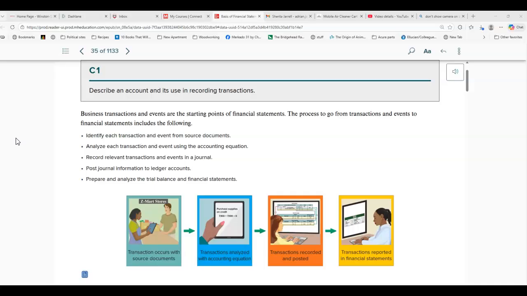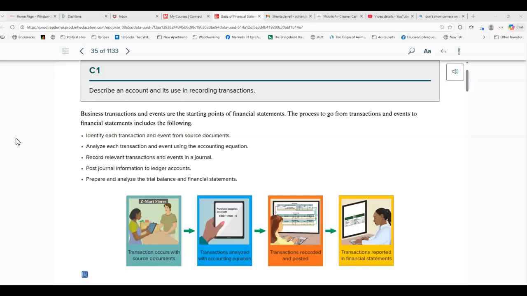But each source document represents a transaction. Sometimes a transaction is between two accounts in my company, doesn't involve another company or another person, but a lot of times the transaction will involve another person or another entity of some kind.